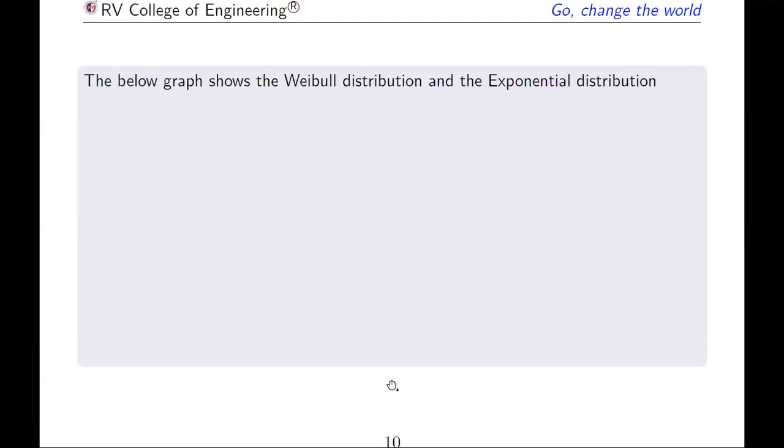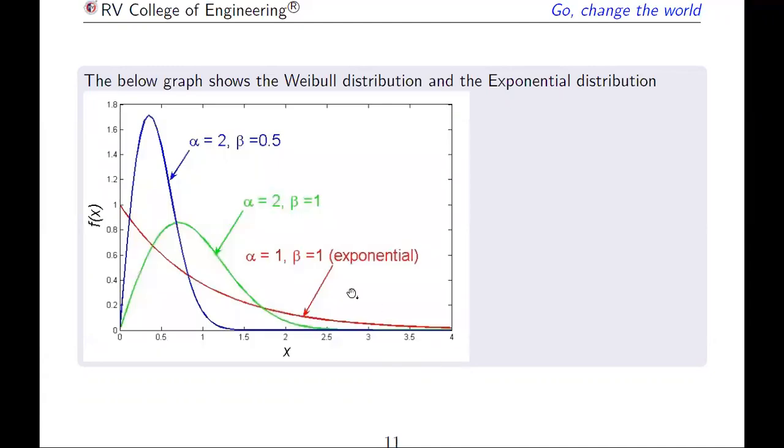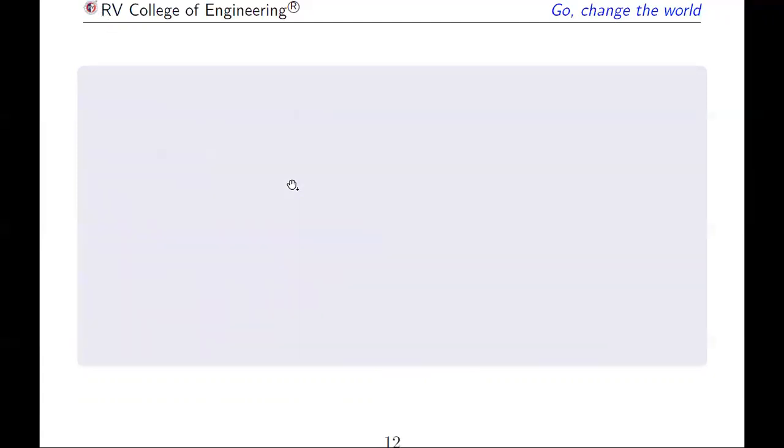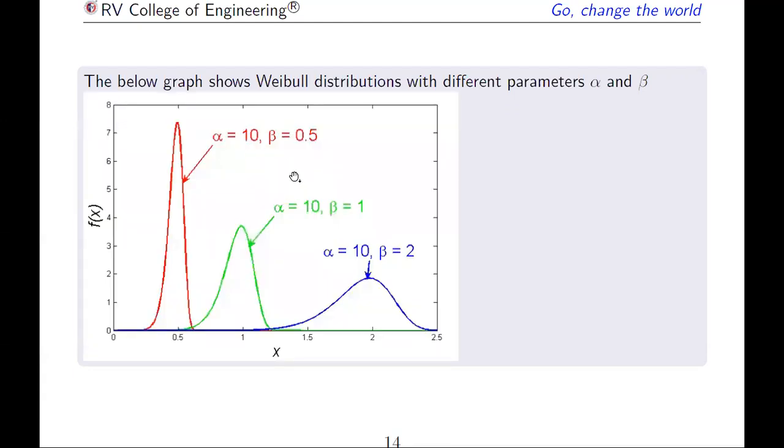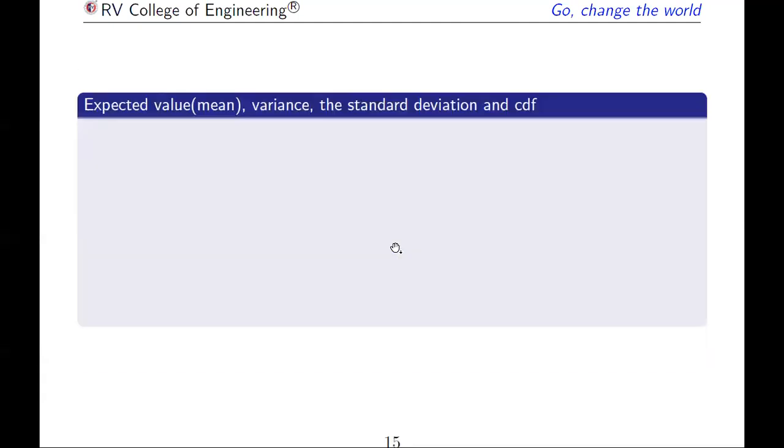The below graph gives you the comparison between the Weibull distribution and the exponential distribution. Here you can see that when alpha equals 1, you see an exponential graph. And the next graph gives you the Weibull distribution, wherein we have changed the parameter beta. So here alpha is constant at 10 and beta is ranging from 0.5 to 2.